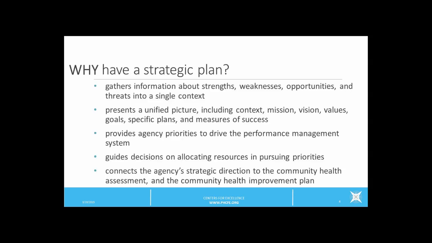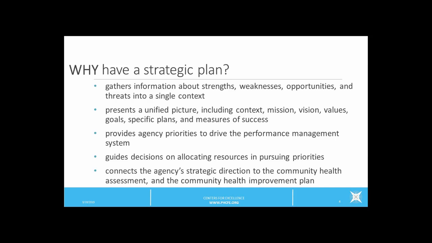Beyond meeting a key requirement of public health accreditation, when you have a strategic plan, you've put information about the organization's strengths, weaknesses, opportunities, and threats into a single context. Your plan is a unified picture of your organization, including environmental context, mission, vision, values, goals, specific plans, and measures of success.